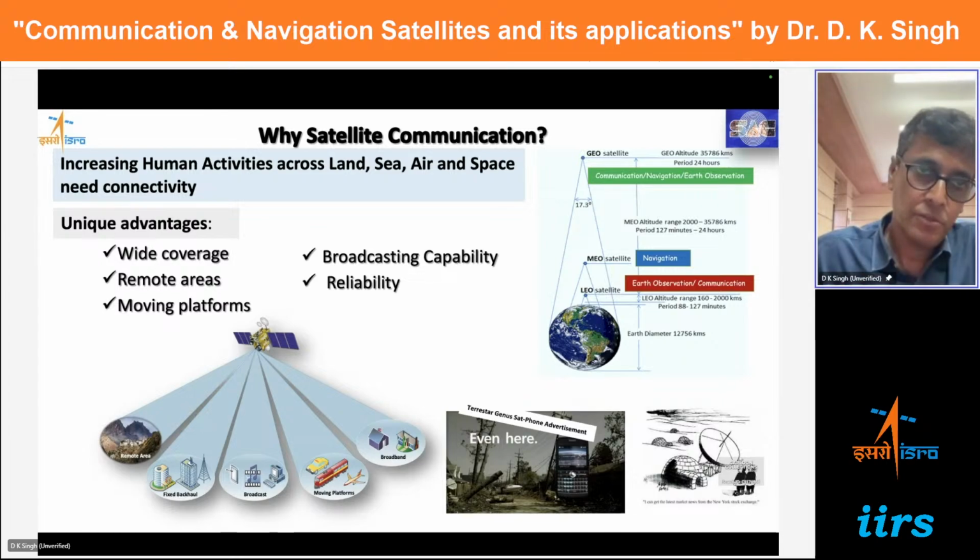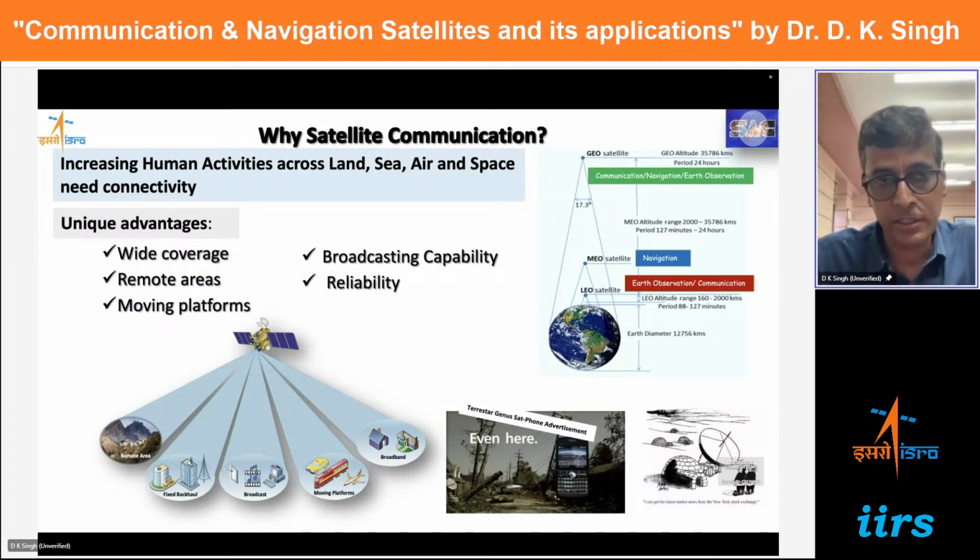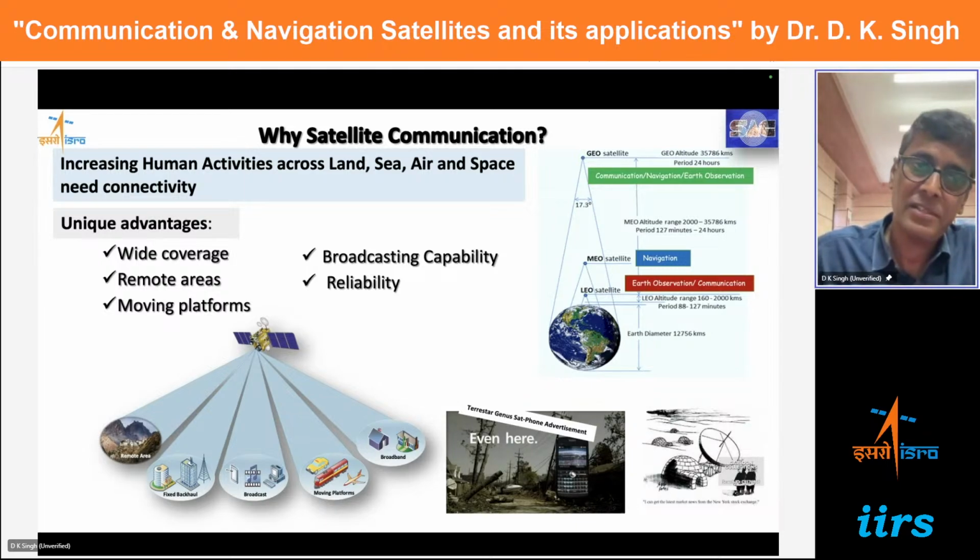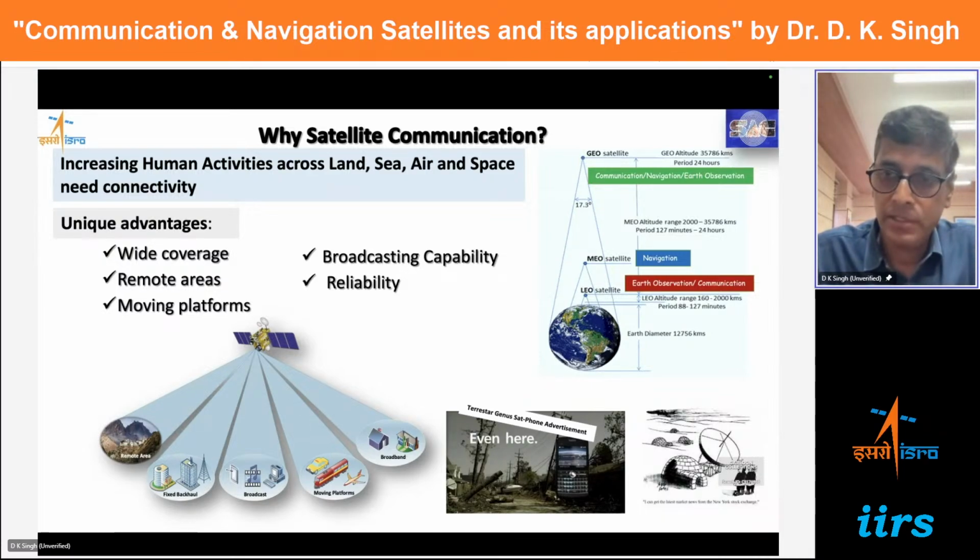And it has a very unique advantage. One satellite can cover a very wide region. It can give remote area access. It can be connected to a moving platform without any problem. And it has broadcasting capability. DTH, direct to home, is one example. All your drawing rooms are now equipped with a satellite broadcast receiver.